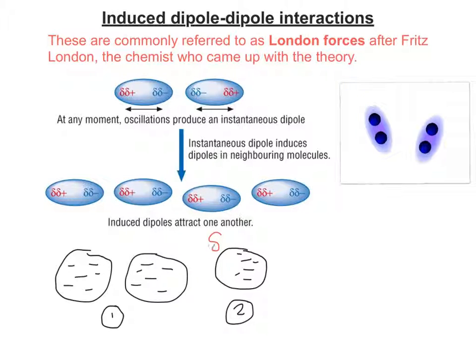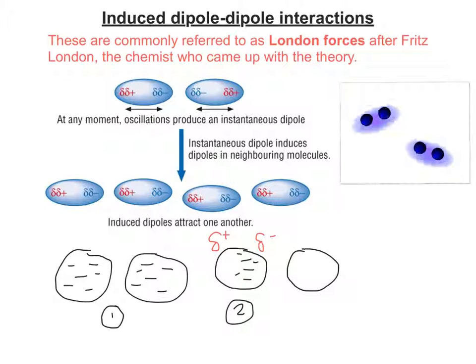That creates a slight dipole across the atom. So what happens now is the right hand atom, the electrons there are repelled. So they also move to the right hand side on their atom, again giving a slight dipole. So this now gives an attraction, very briefly, between the two atoms.